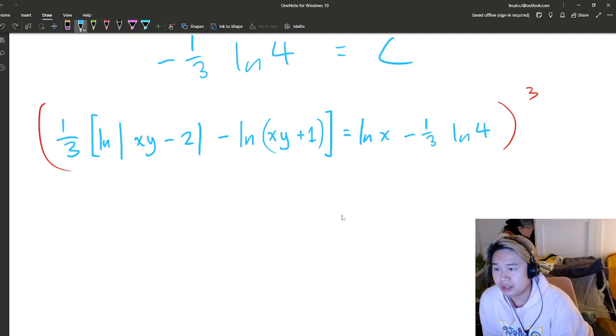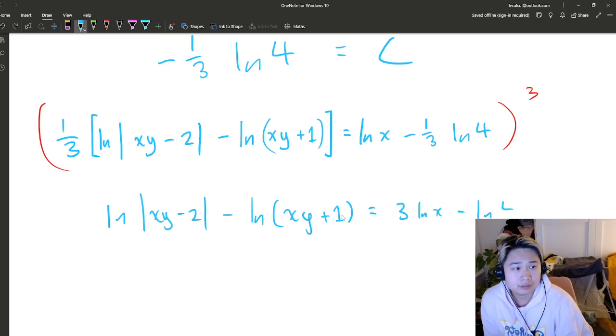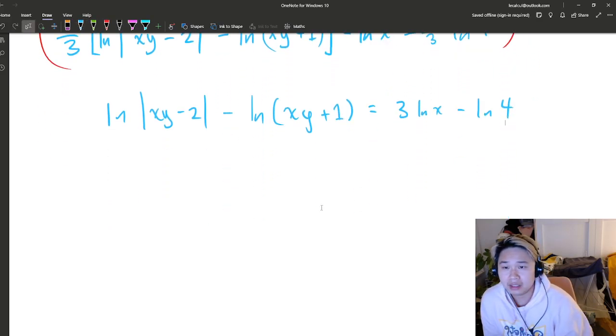So I currently have natural log like that. And then this side is going to combine. This goes here. And then you're going to have x cubed over 4.